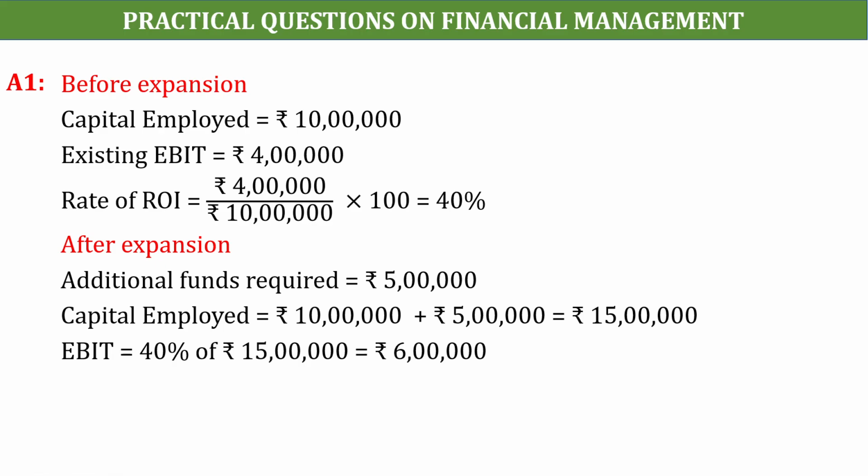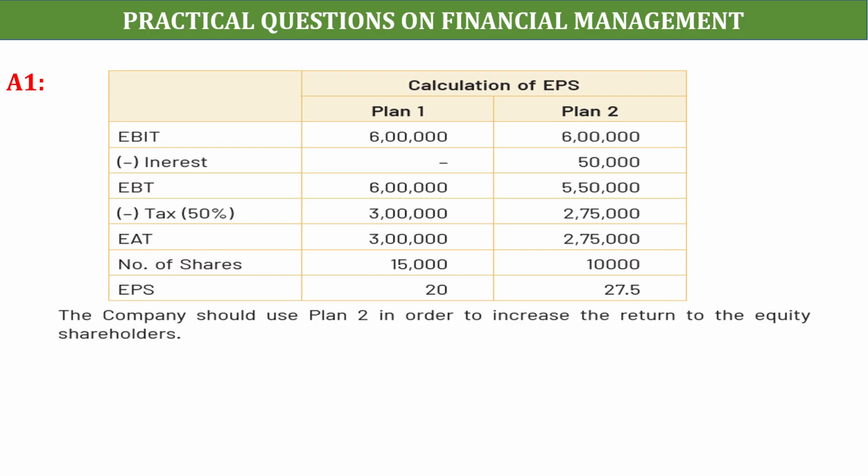Now we have to see earning per share under both plans or both alternatives. Earning before interest and tax under alternative 1 is rupees 6 lakh and also rupees 6 lakh under alternative 2. Now under alternative 1, where rupees 5 lakh is being raised through equity share capital, we will have to pay no interest.